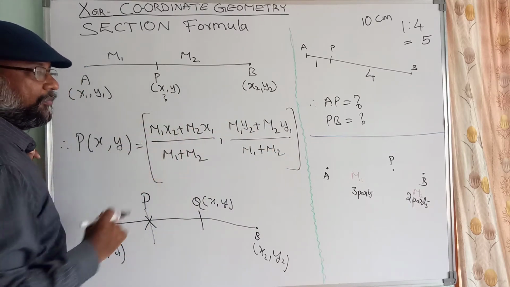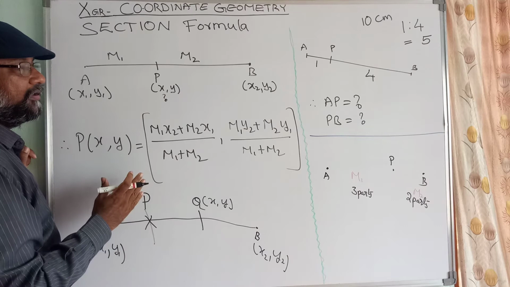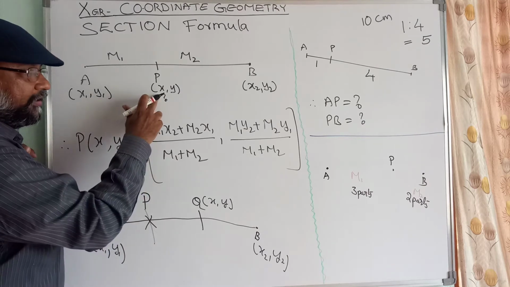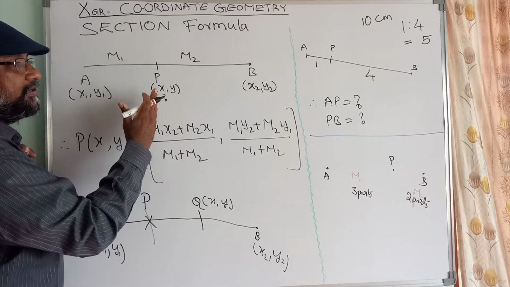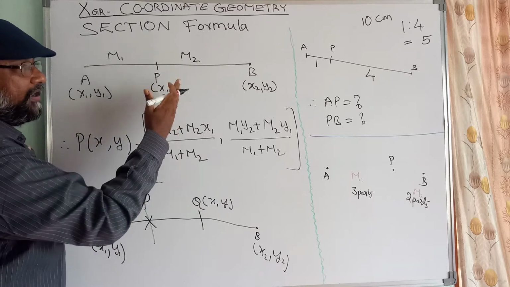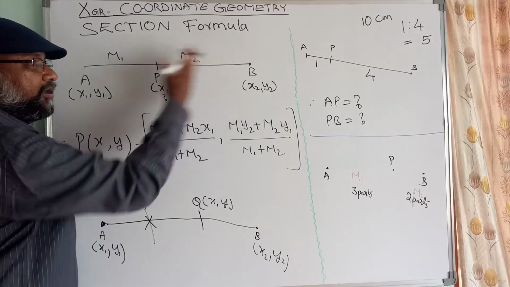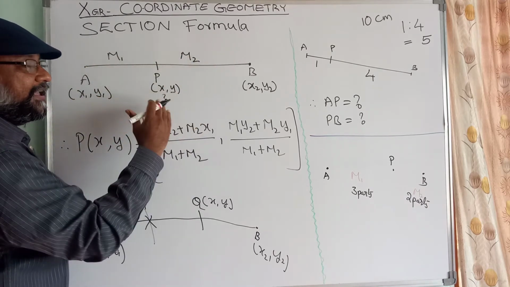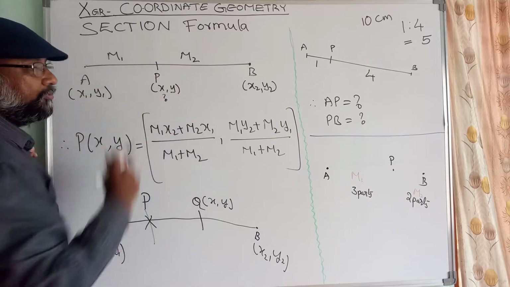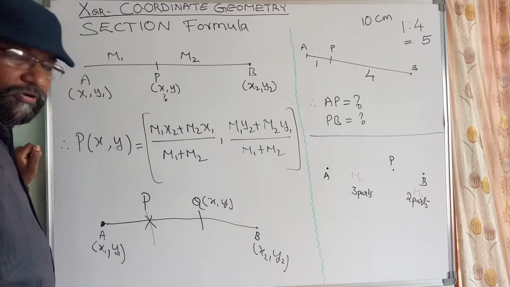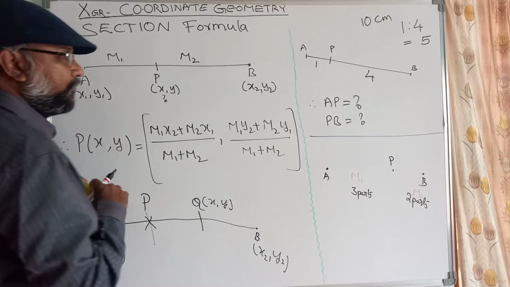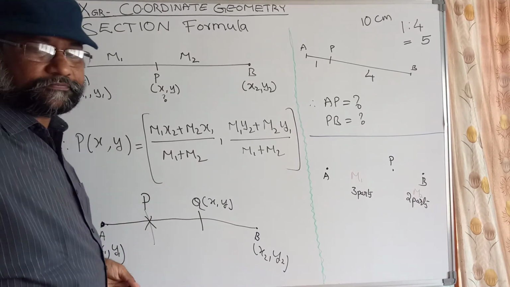So this is the formula for a point which divides the line joining two points in the ratio m1 is to m2. Therefore, so ratio we will see.